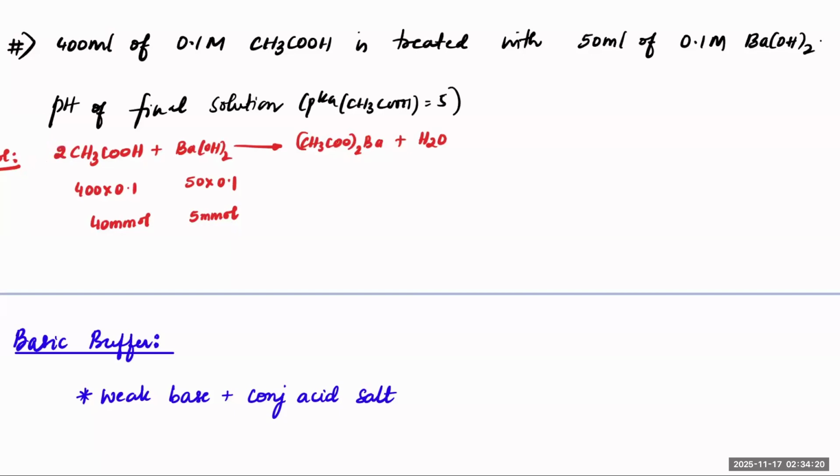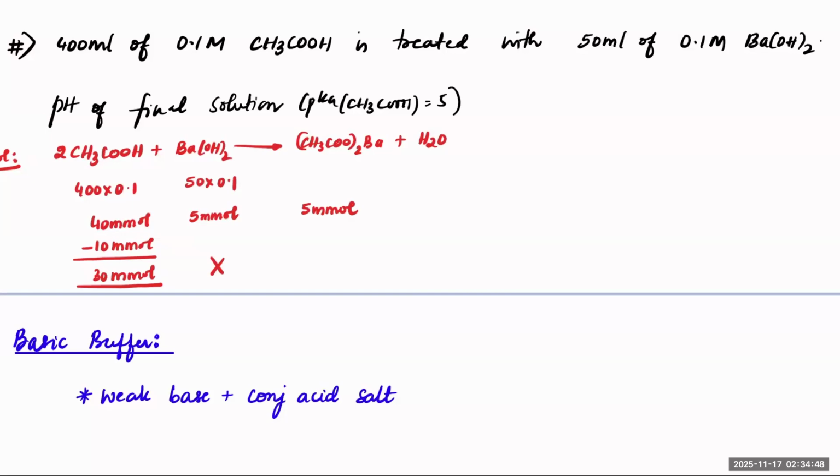So you can see 10 millimoles are being required. So the leftover is 30 millimoles. And barium hydroxide is the limiting reagent. And you can see for every 1 mole, I'm getting 1 mole of salt. So for 5 millimoles, I'll get 5 millimoles of salt.